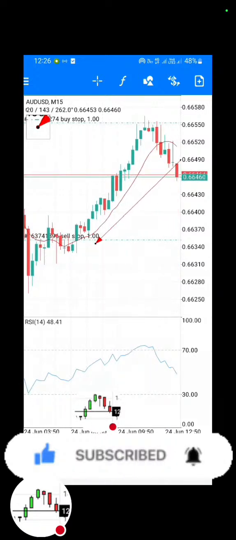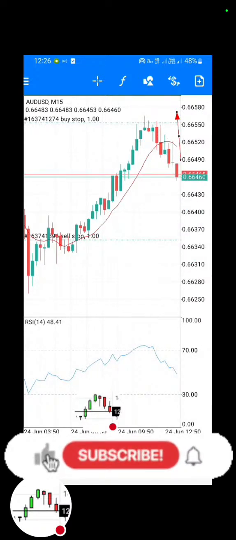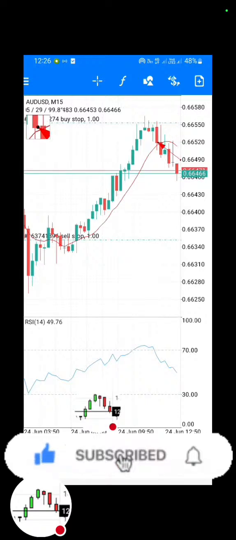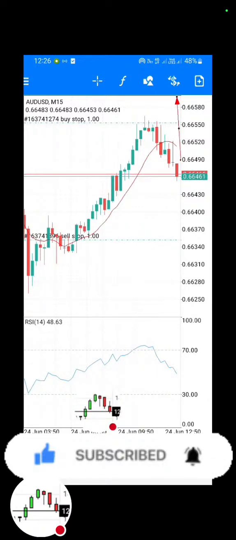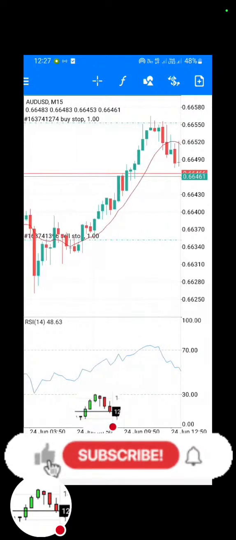The other way around, if the market decided to go up, it will trigger the buy stop and continue going up. You have to close the sell stop.